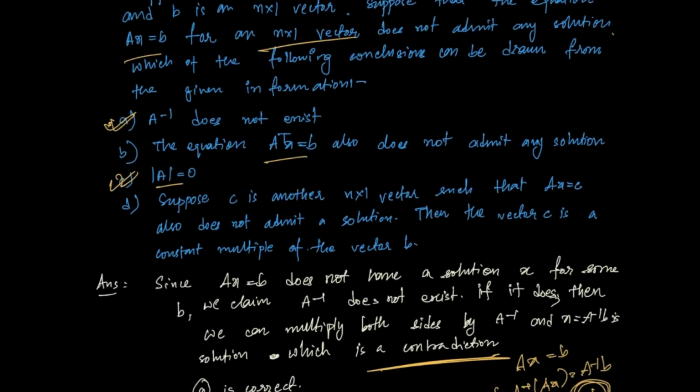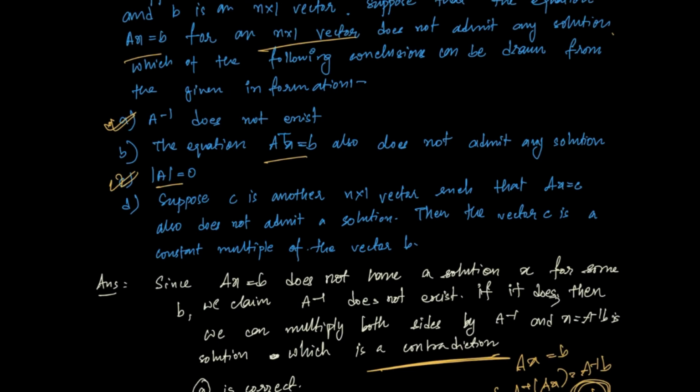Let's look at B first. The equation A transpose X equal to B also does not admit any solution. We have been working with counter examples, and you can see that it's not exactly easy to prove this.